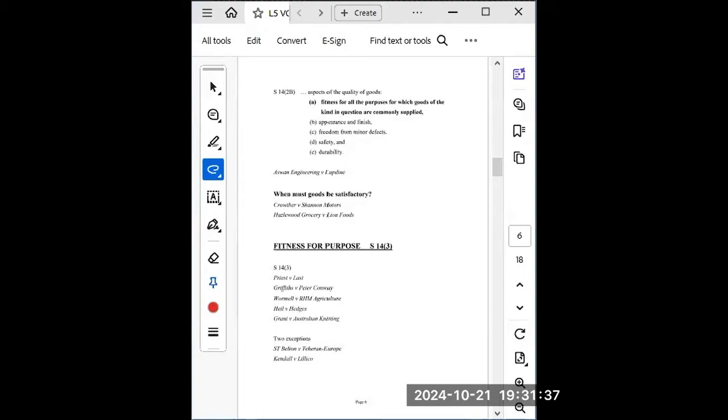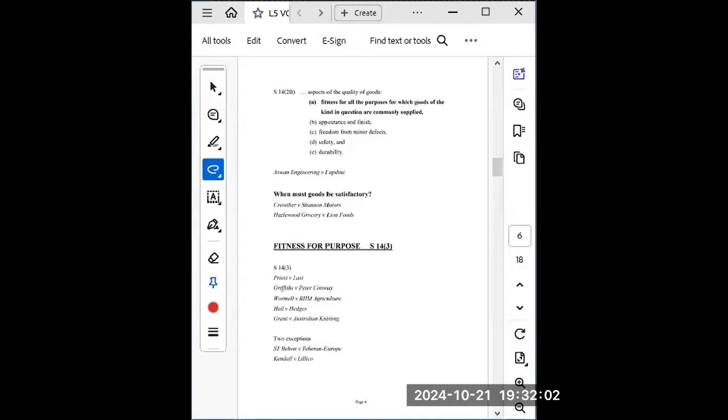In Aswan Engineering, wooden barrels were satisfactory for most purposes, just not for the very extreme temperatures in Kuwait. The court said the wooden barrels were satisfactory. Goods only have to be satisfactory for one common purpose. That case has always stood.